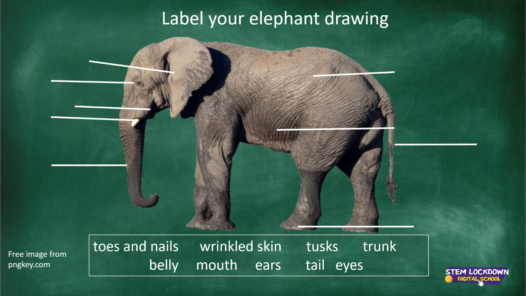Ears that look like Africa. Tail. Eyes. Quite small eyes, really, for such a big animal, hey? Right, get your elephant labeled.